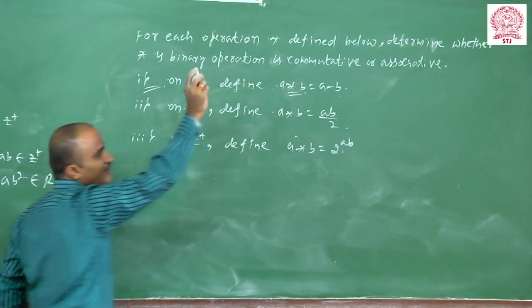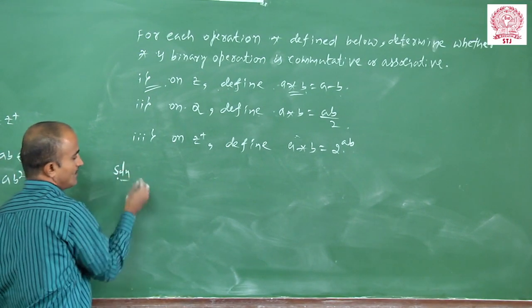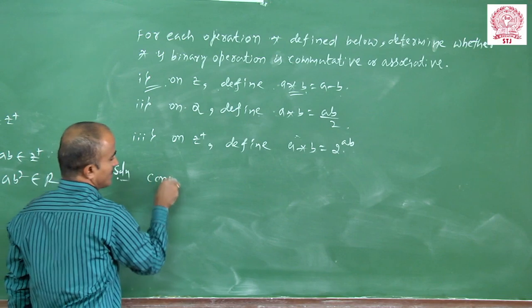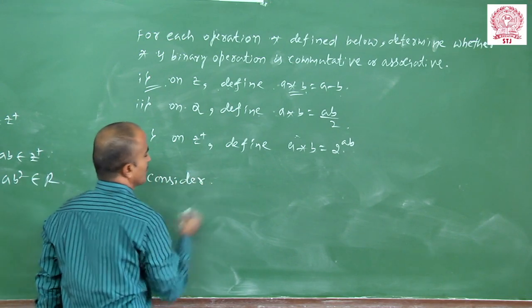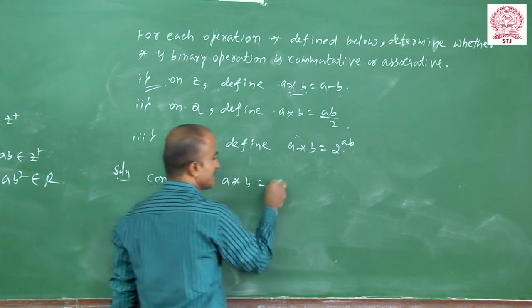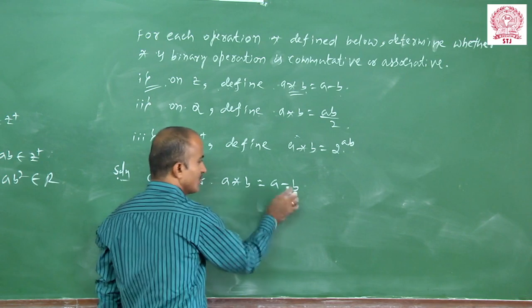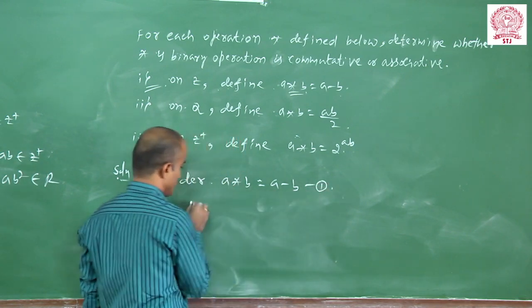For the commutative or associativity, now consider a star b, where a star b is a minus b, call it as 1.